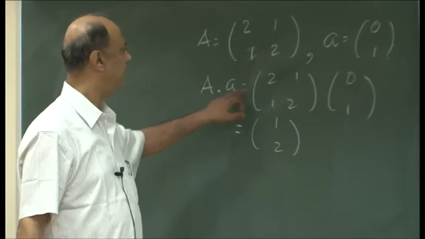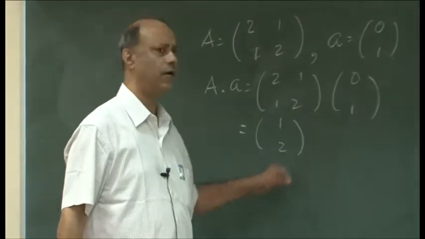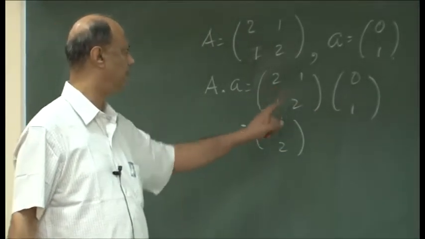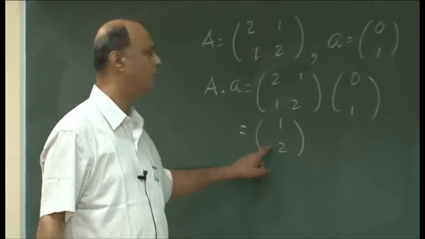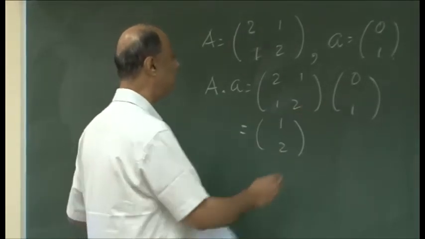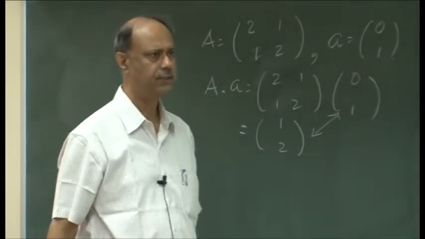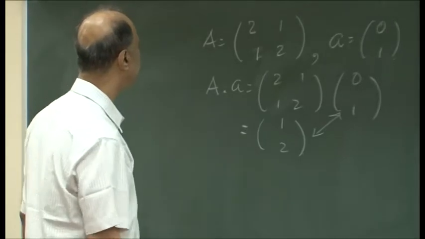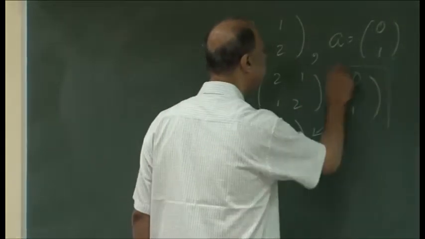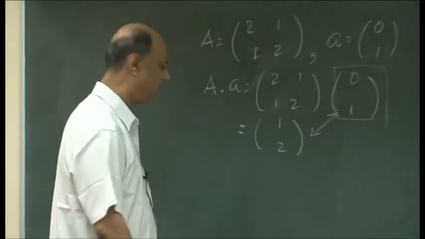So, A dot A is 2 1 1 2 times 0 1, and so it will become what? 1 2. So, you observe that these two cannot be expressed in terms of this, right. So, this is not an eigenvector, this is not an eigenvector.